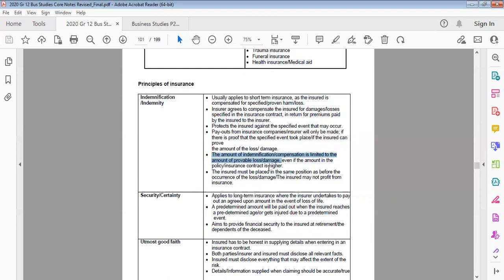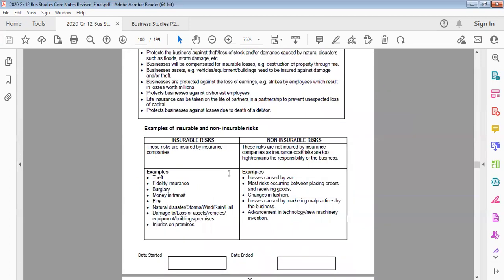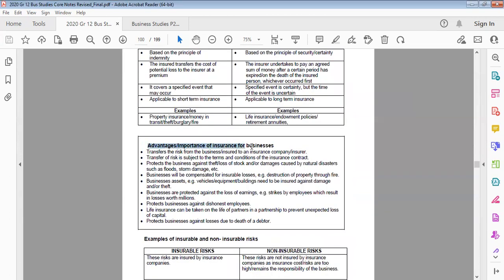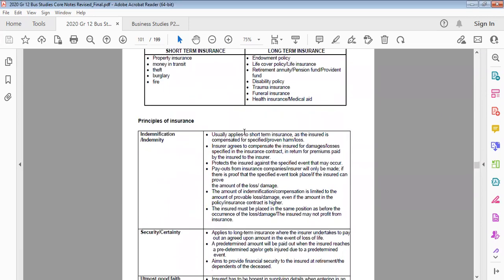Okay, so it's those nitty-gritties that I would use if I'm preparing myself to answer on principles of insurance. I won't stick to this information where we talk about compensation for specified proven loss, because there might be a question that you've answered earlier about advantages where you've mentioned that information already.